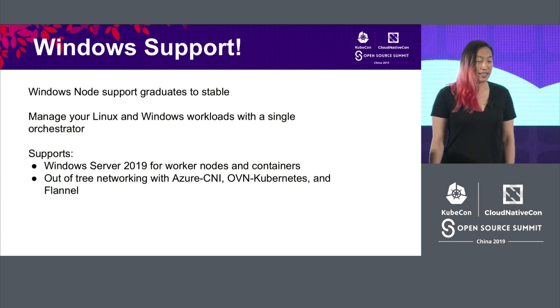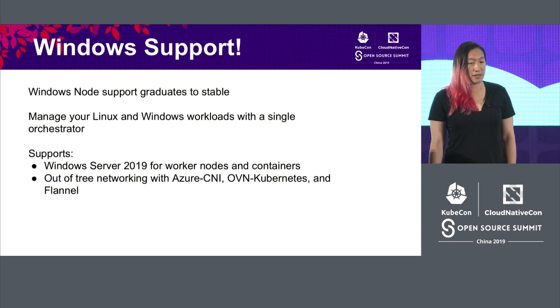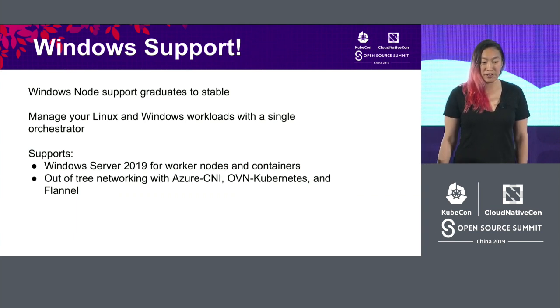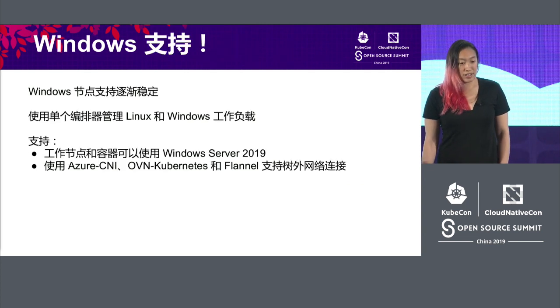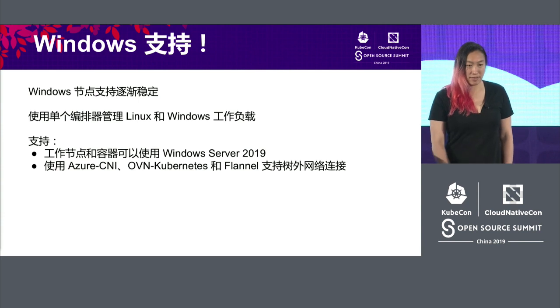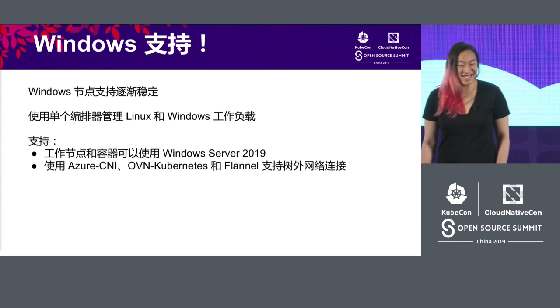They can run in the same infrastructure. With this release, we have Windows Server 2019 support for the worker nodes and containers. There's also out-of-tree networking support for a number of networking options. So yeah, that's no longer an excuse for not running it in Kubernetes.